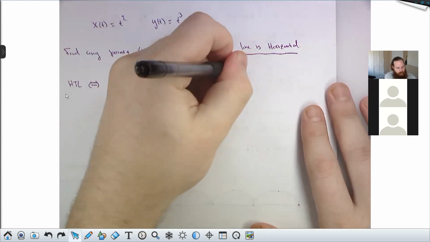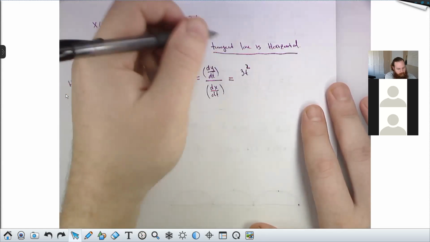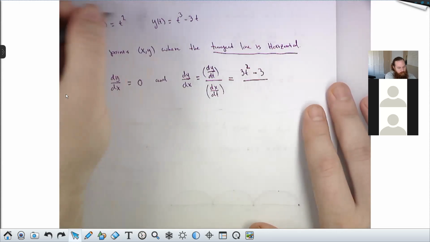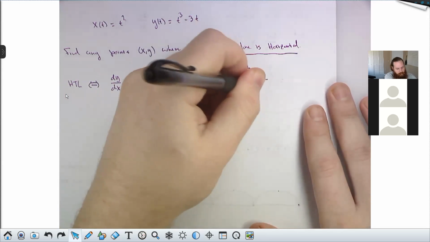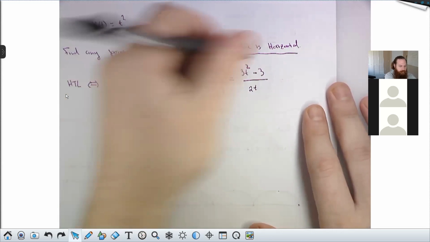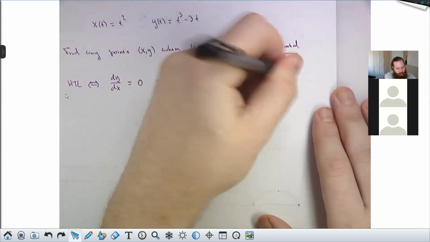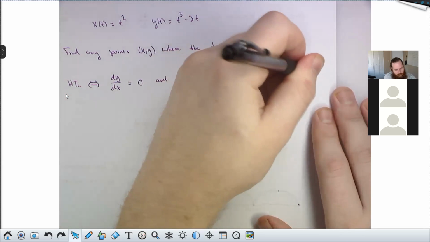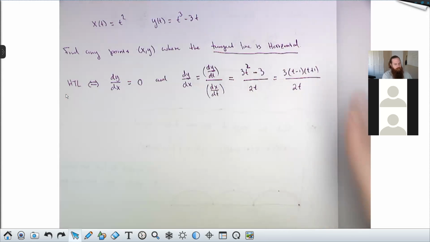So that's going to be 3t squared minus 3. And if I differentiate this x equation with respect to t to get dx dt, that's just 2t. You can factor a 3 out from the top, and that becomes t squared minus 1, so that's 3 times t minus 1 times t plus 1, over 2t.